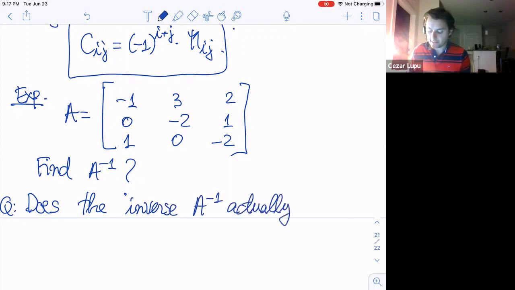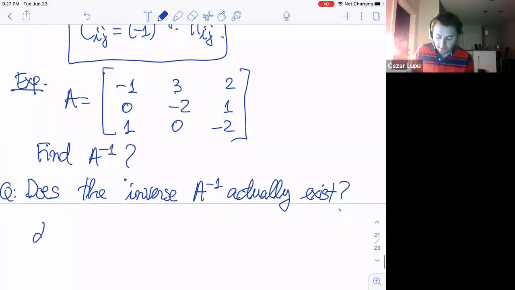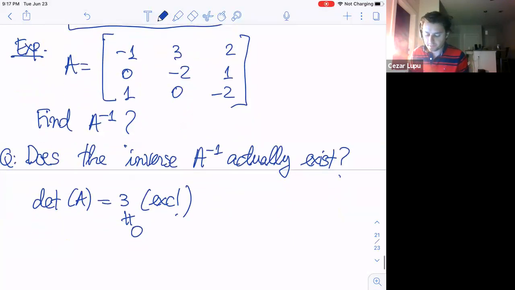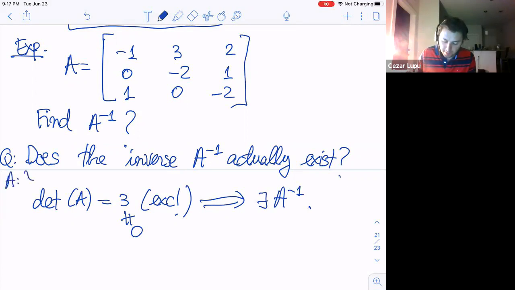So what do we need to do? We need to compute the determinant, right? So the determinant of A, by computations, and I'll leave it to you as an exercise, will be 3. This is non-zero, so therefore the inverse exists. So yes, the answer is yes, it does exist.